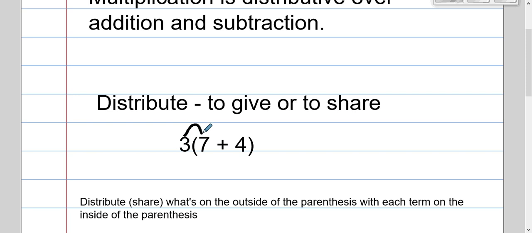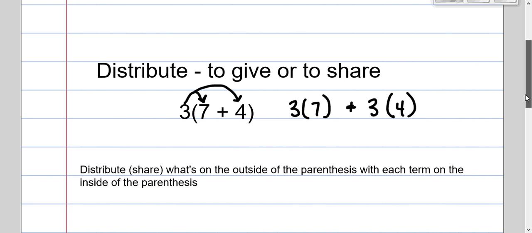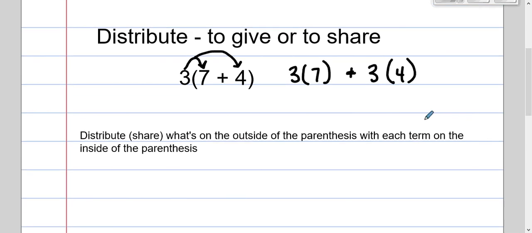So here it would be 3 times 7 plus, it goes across addition and subtraction, plus 3 times 4. Okay. 21 plus 12, so the answer would be 33.